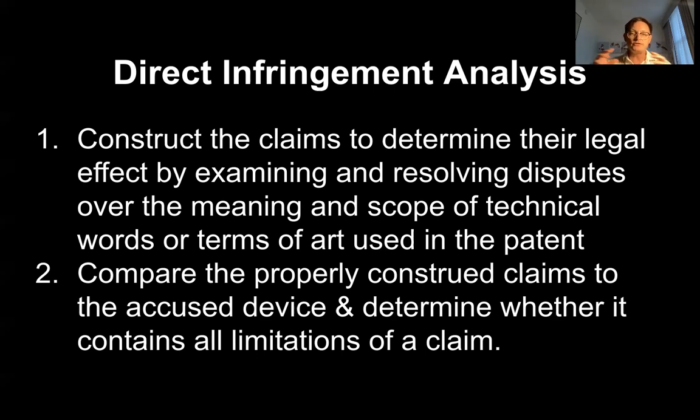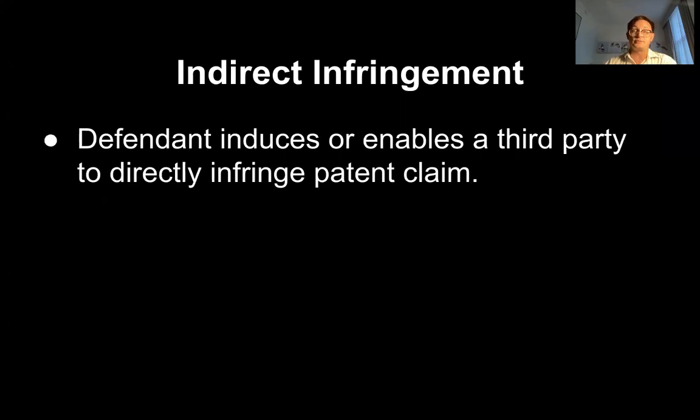And then once you've determined what the properly construed claims cover, you compare them to the accused product, right, the offending practicing product or service, and determine whether or not all of the limitations, all of the elements of the patent claim read onto that accused product, right? So everything that's claimed by the patent has to be present in the accused product in order for there to be patent infringement.